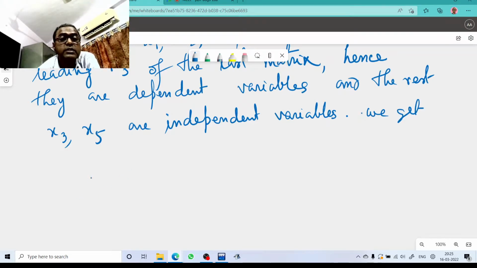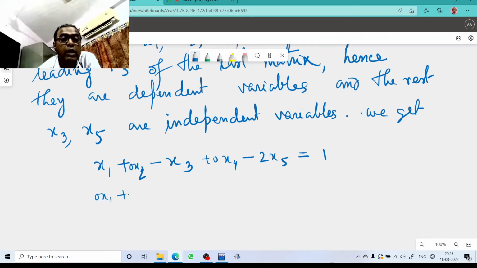x1 plus 0 into x2 minus x3 plus 0 into x4 minus 2x5 equals 1. From the second row, 0 into x1 plus x2 plus 3x3 plus 0 into x4 minus x5 equals 2.